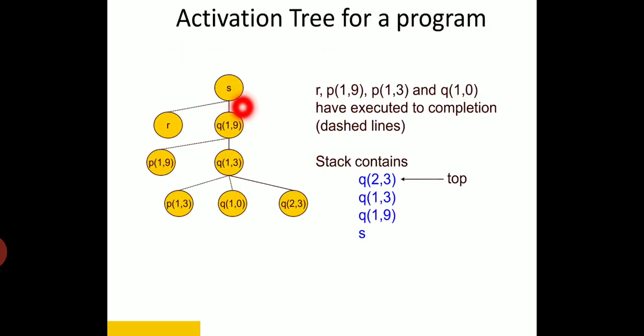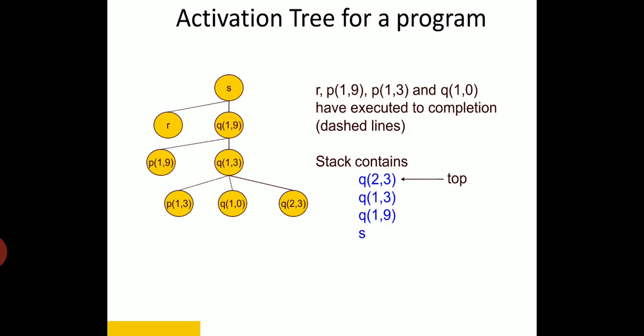Here it is shown that S, then R, is the activation tree, then Q of 1 comma 9. In the corresponding stack representation, initially the stack is having S, then it was having R, but since the execution of the procedure R is already completed, that R will be popped off and Q of 1 comma 9 will be pushed.